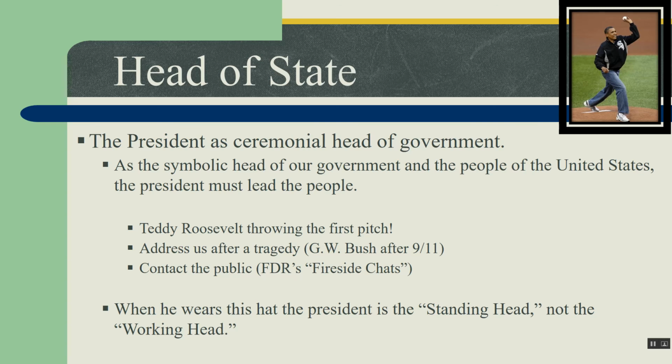During these radio addresses, FDR said, hey, I understand things are challenging right now. Here are the steps our government is taking. Here is our plan and course of action, and here is how you can contribute to that. Here are the job opportunities available to you. Here are the programs available to you. Use them in this way and help us move forward as a country.